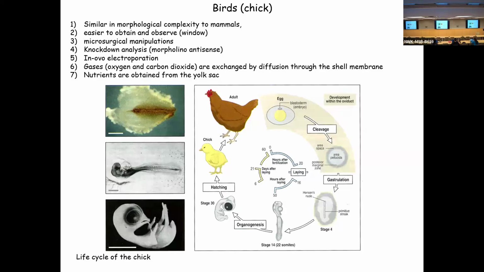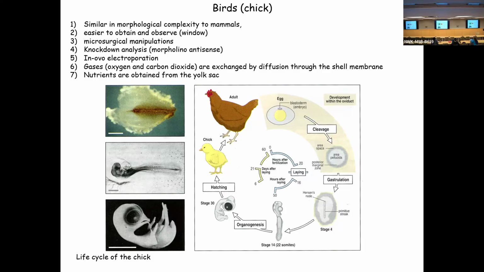Well, we use in ovo electroporation. We apply electroporation with two electrodes, creating an electric field there, and that would electroporate the DNA into the cell in vivo. Okay, well, that's also very, very interesting to do.